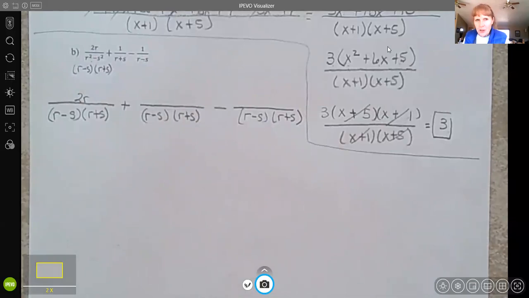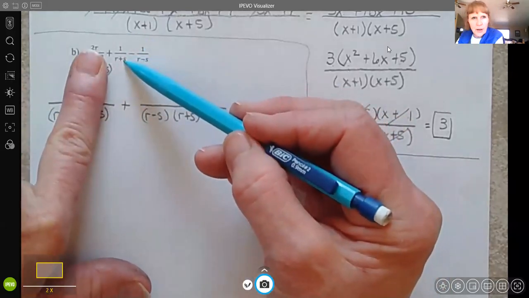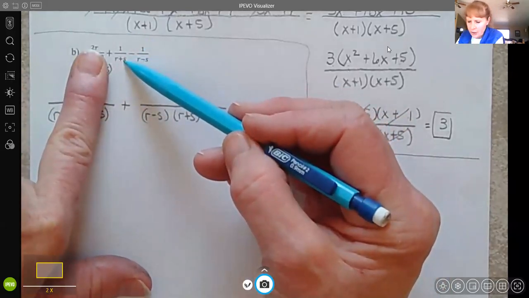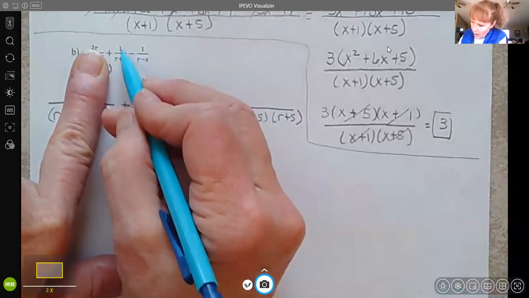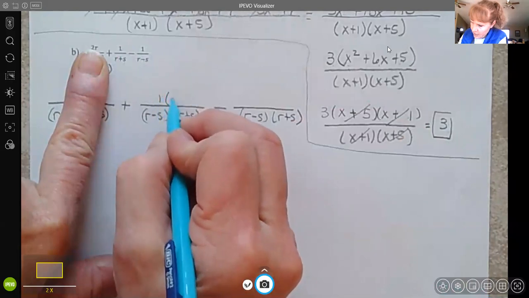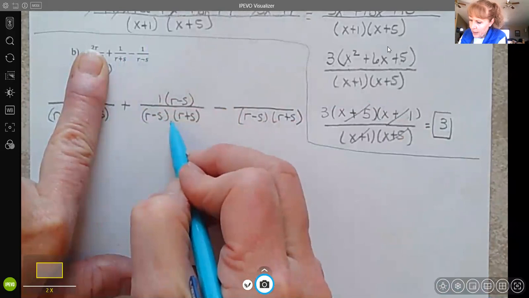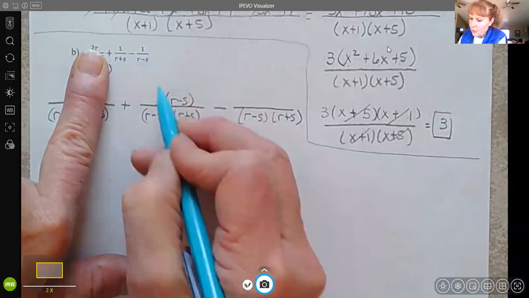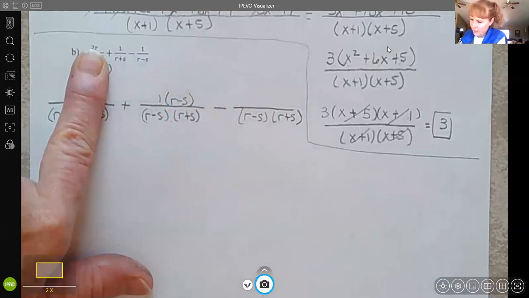Now the next fraction, the r plus s, this one I need to multiply by an r minus s. So I got the 1 times r minus s. So whatever you have to multiply the denominator by to get to this new one, you do that, multiply by that same thing in the numerator.